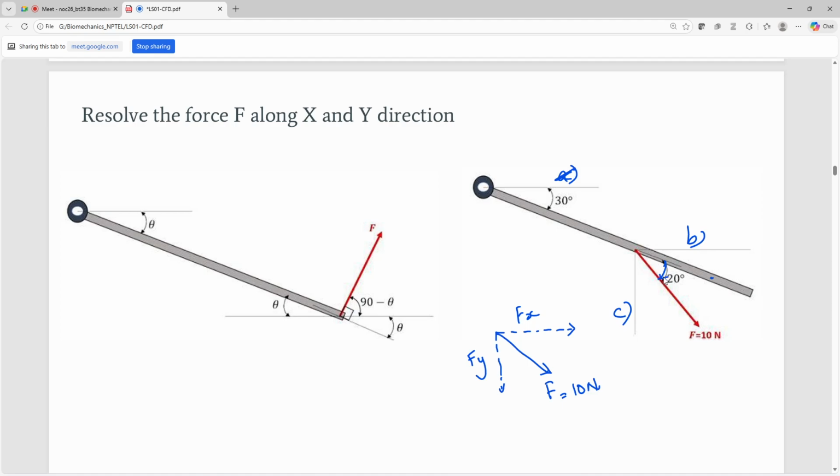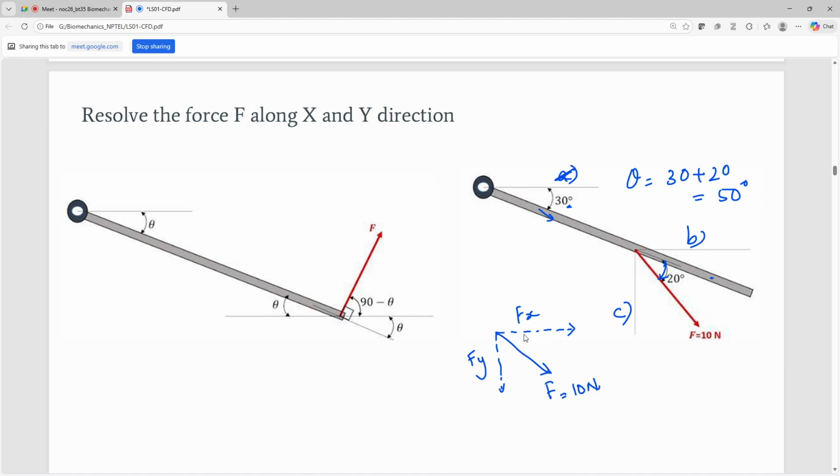So to get the absolute angle with horizontal, we have to add these two, because this particular rod is tilted at 30 degrees. Then this force vector is tilted again 20 degrees. So total theta will be 30 plus 20, that is 50 degrees.